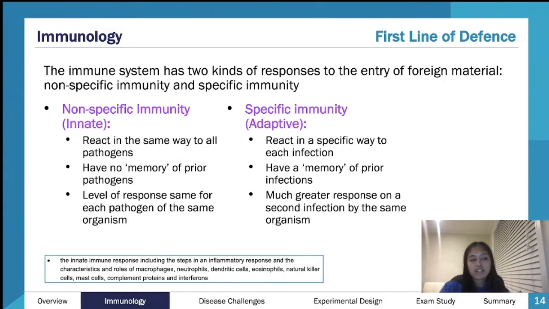When innate immunity kicks in, it's exactly the same, copy and paste. Whereas with adaptive immunity, because you have that memory of past infections, if the same organism comes along, that memory kicks in really well and you get a bigger response, and a bigger response every time the same organism tries to infect.